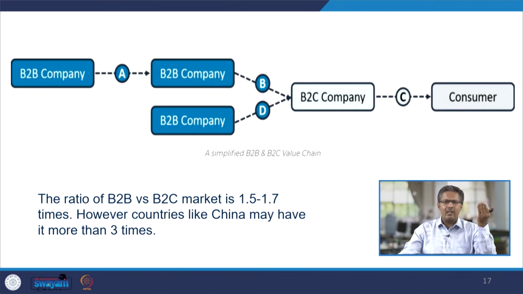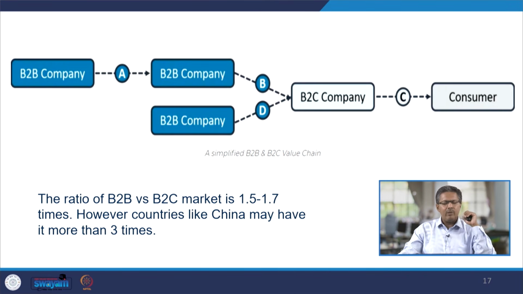For example, I gave you the example of a fan. A fan can be considered a consumer product, but the same fan, or the glasses we use for drinking, or even the mineral bottles that you buy for a conference or seminar, will not be considered part of B2C anymore, because now it is being purchased by one organization from another organization for a seminar. That is why the whole value of the B2B market is significantly higher than the B2C market.